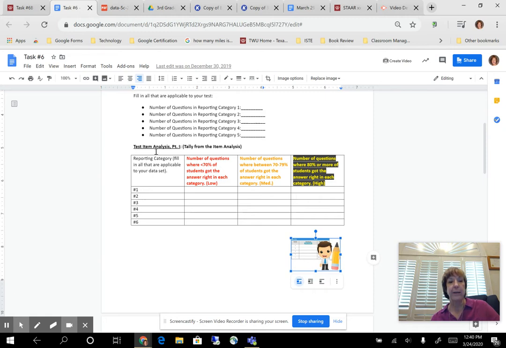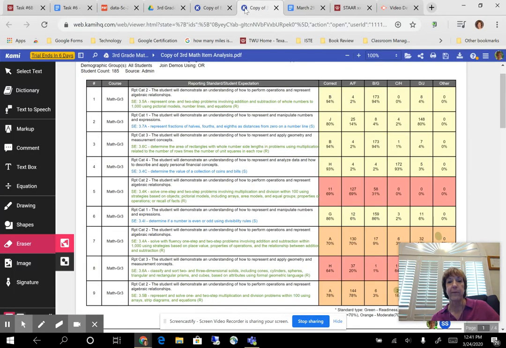This is reporting category number 1. So if we head back over, let's see. This is reporting category 2 right here, so I don't need to look at that question. Question number 2 is reporting category 1, and it fell in the yellow range. 80% of the students got this particular question right.